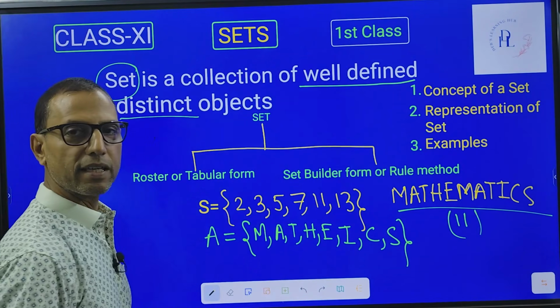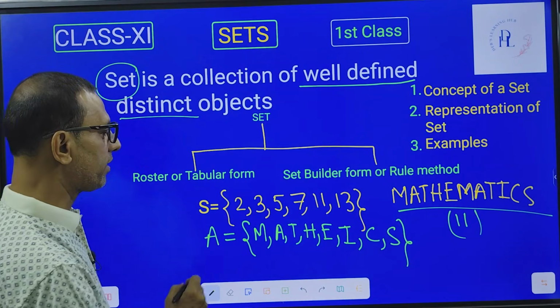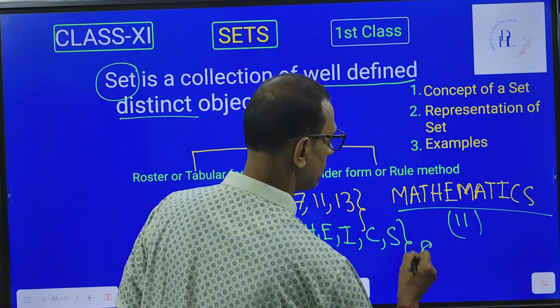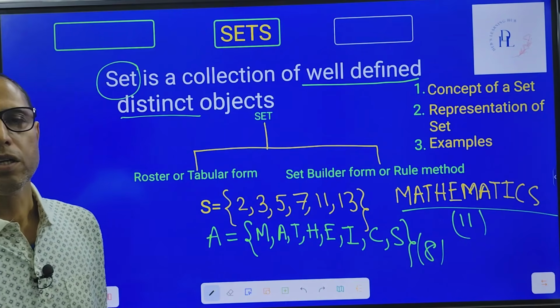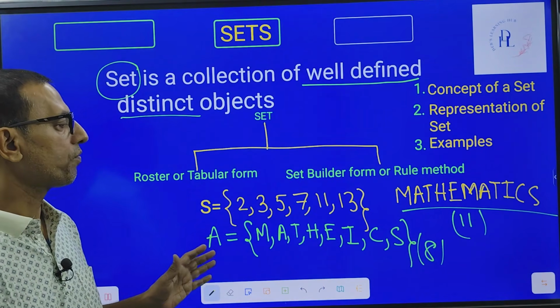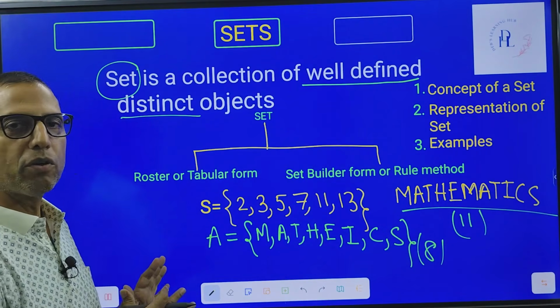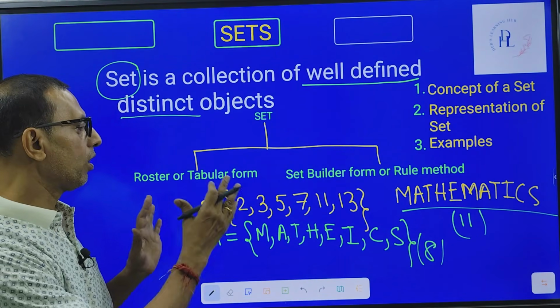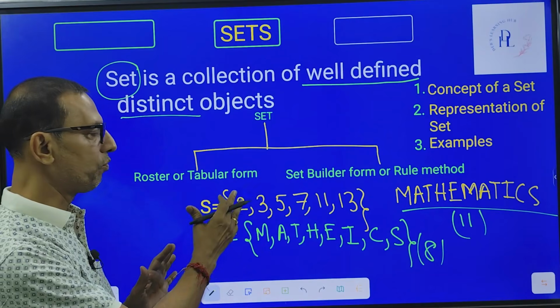So A is a set with 8 members. That is how you define any set in roster form: all the members within a curly bracket and with commas.